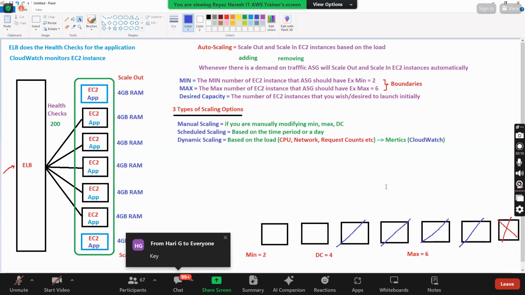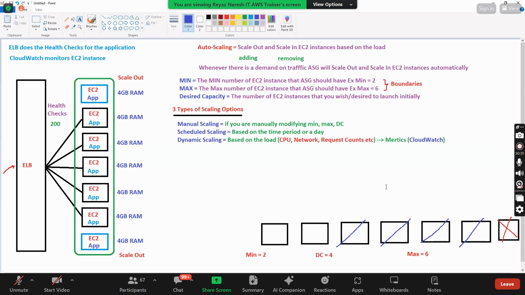In the launch template we have the AMI, and in that AMI you have your application. So you need to keep your custom AMI ready with your application, and then when launching, use that launch template.